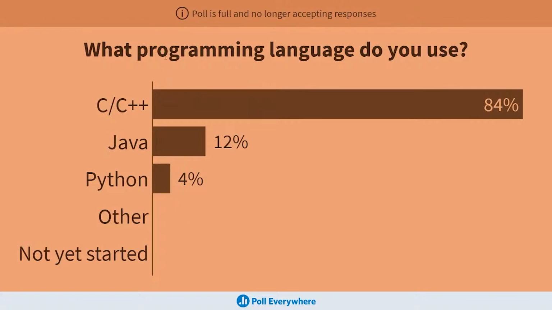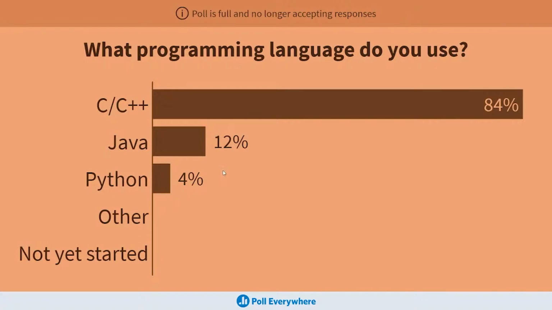Looks like we have a winner: C, C++ has 84% of the votes, Java 12%, Python 4%. Looks like you have already started your programming journey. Good.